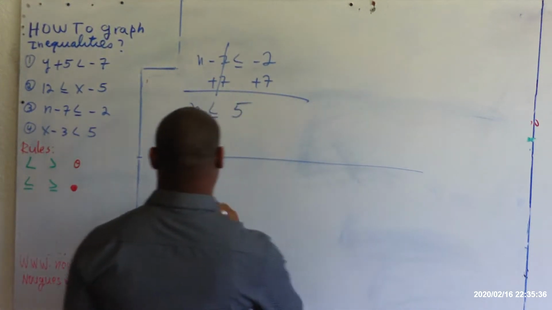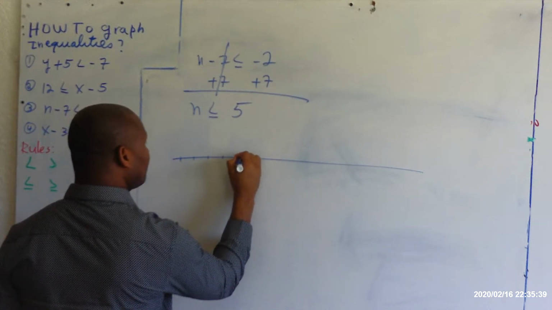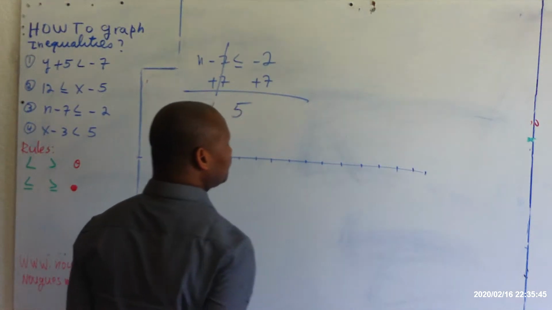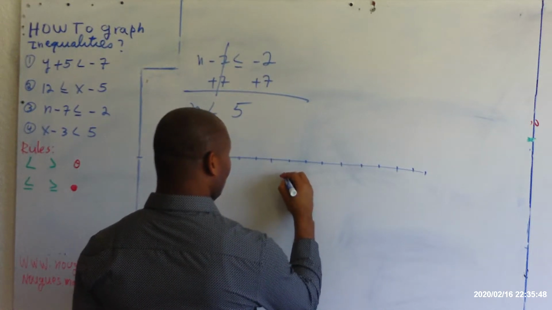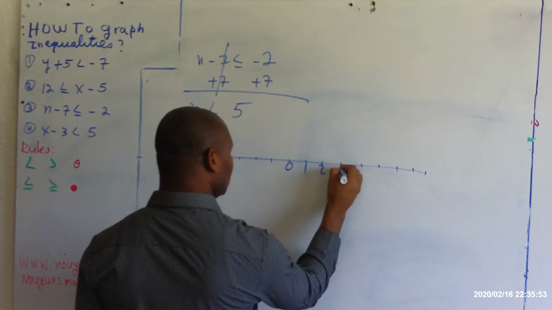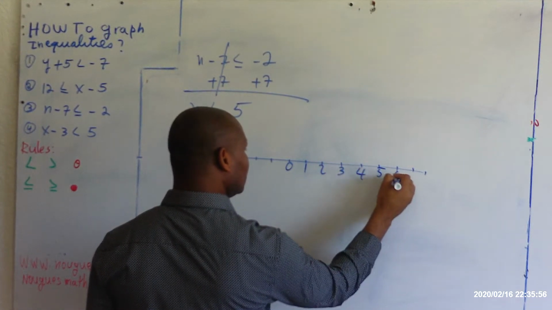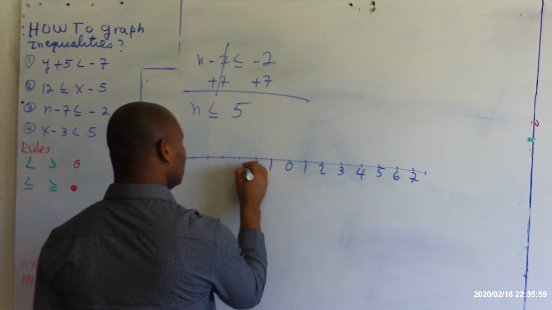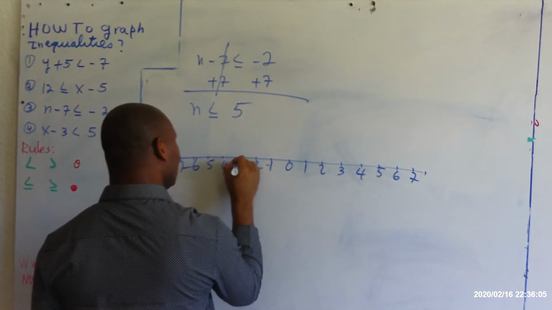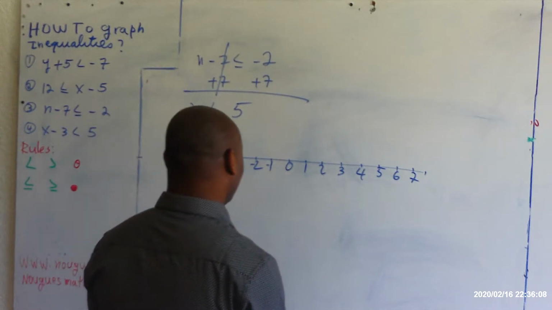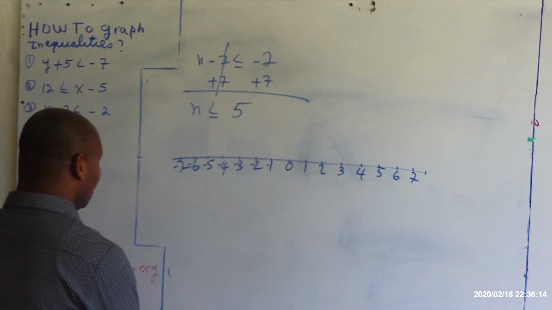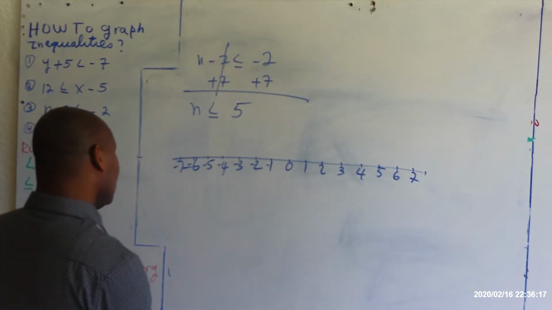So, number line. Write 0 right here, the center. Then 1, 2, 3, 4, 5, 6, 7, and negative numbers on the other side. Look, we have n less than or equal to 5. That means we're going to go to the left.